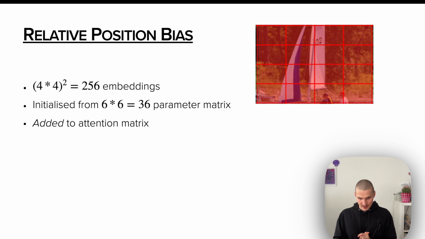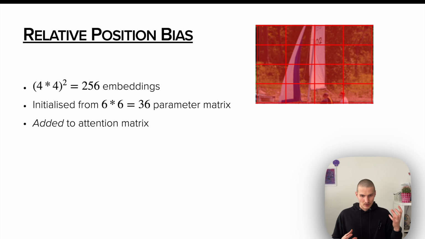Another difference is how we then use this positional bias. So with absolute embedding, we had the embedding, we had the token, we added them up before passing to the self-attention layer. Now we do that somewhere in the middle. So we have our tokens, we compute pairwise dot product to arrive at attention matrix.